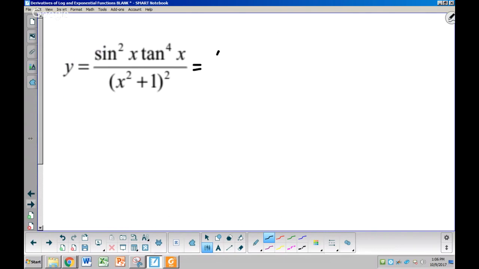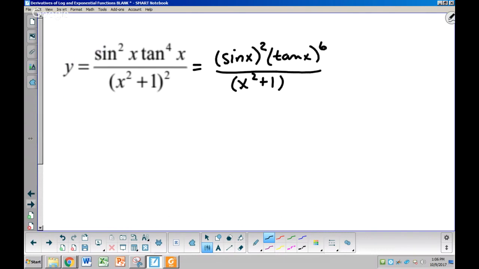First things first, I'm going to rewrite this as sine of x to the second, and then this will be tan of x to the sixth, all over x squared plus 1 to the second, I'm sorry. Can we unbundle it on the right? Oh, it's to the fourth, you're right. All right, so taking the natural log of both sides, natural log of y equals.